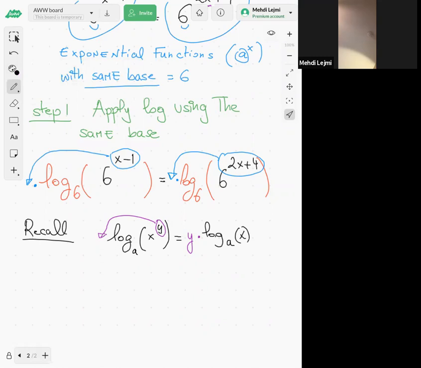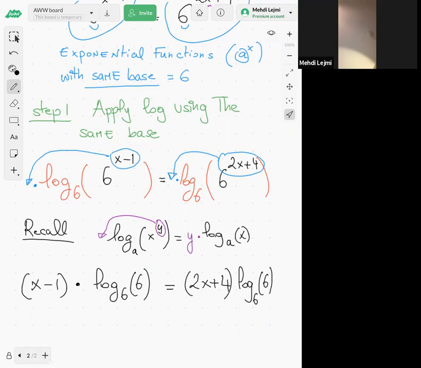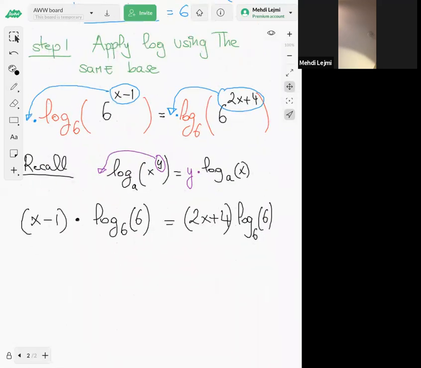Then my left side would be x minus 1, that's my exponent, times log in base 6 of 6. And the right side is 2x plus 4 times log in base 6 of 6. Now, this log in base 6 of 6 is equal to 1, because log in base a of a is always equal to 1.